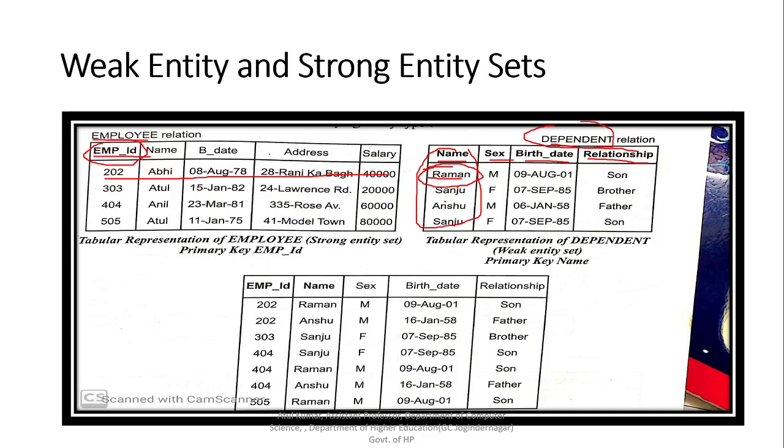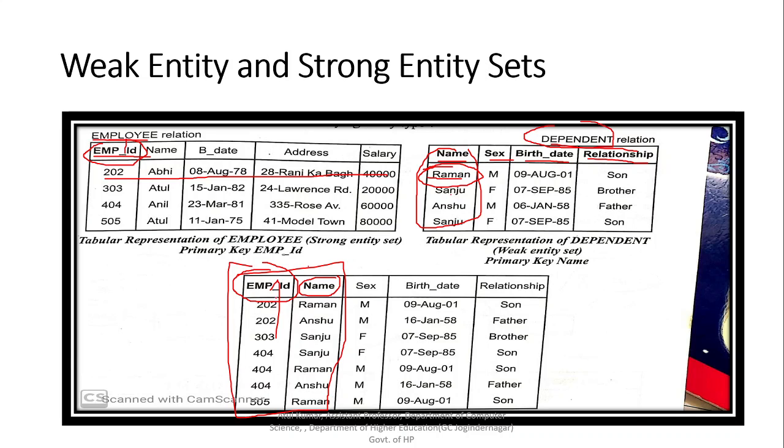To make this a complete primary key, we use the primary key of the employee relation. We combine the primary key of the employee relation and the name attribute of the dependent relation, and this is the complete primary key.